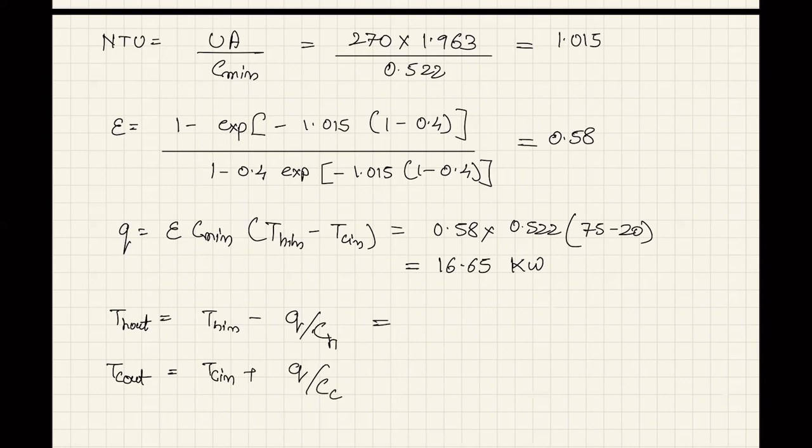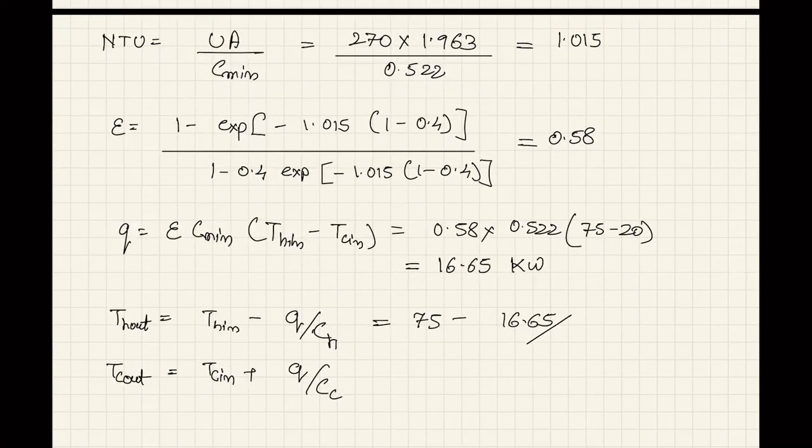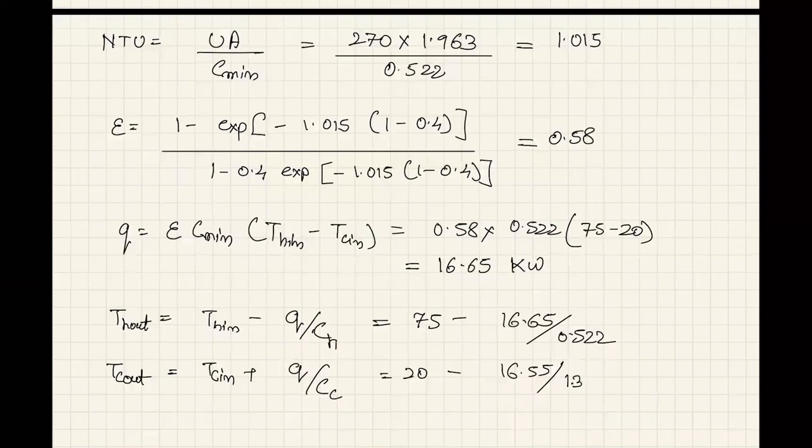So T_h,in was 75 minus 16.65 divided by CH, 0.522. And 20 plus 16.65 divided by 1.305. So what is the value of T_h,out?